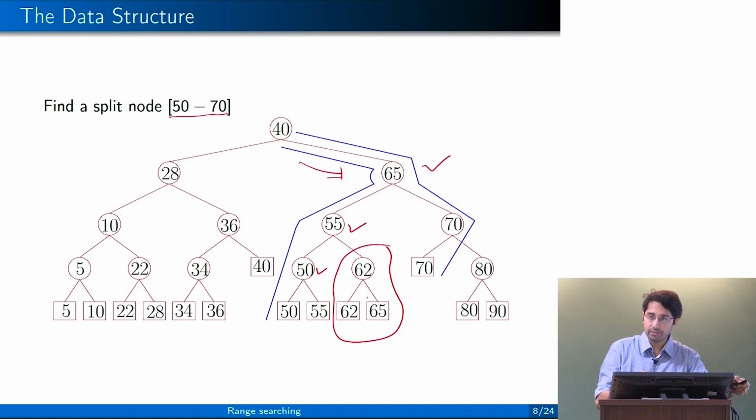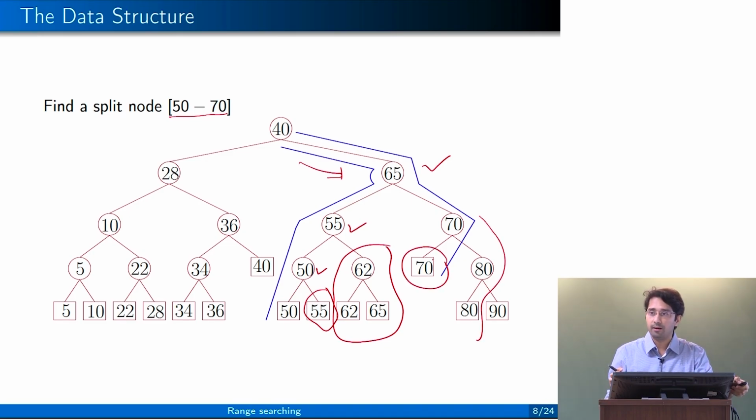So, this all becomes black nodes, right. 55 becomes a black node. Similarly, here 70, if I have to move right, suppose the search path is something like this, then 70 would have become a black node. Okay, very nice.